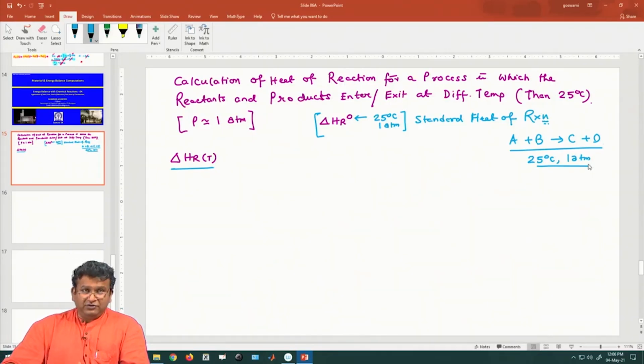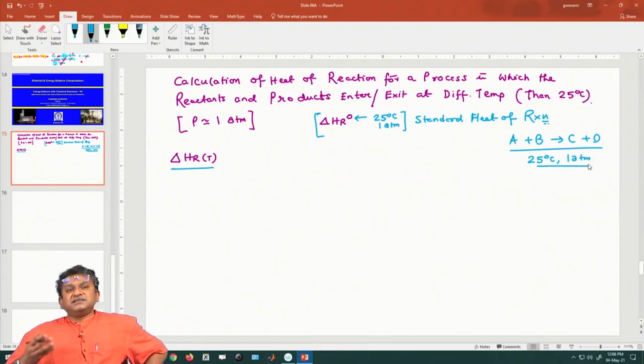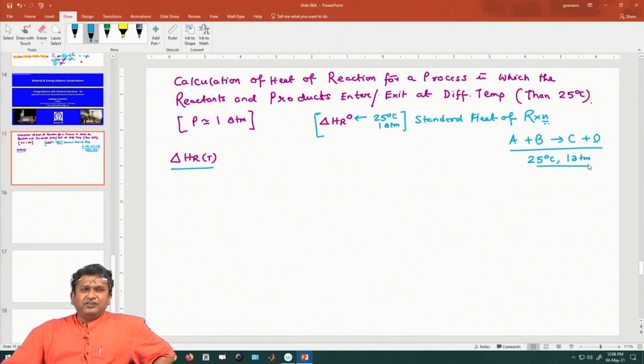C and D, since they are products of a chemical reaction, in most cases are compounds. There are certain reactions where elements get generated, for example, synthesis of oxygen or other elements. So, A, B, C, D can be elements or compounds.